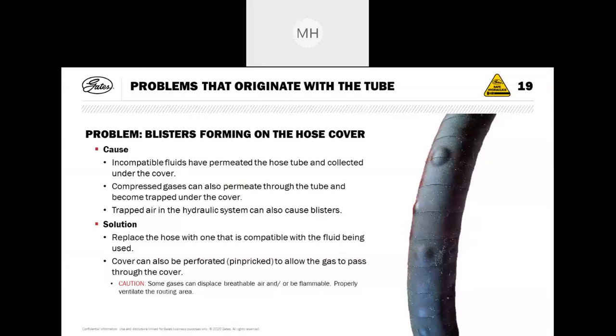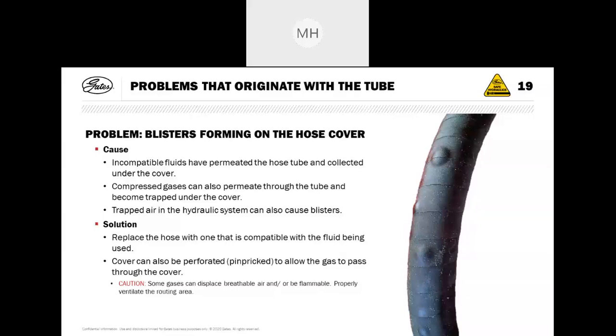So the solution to this is to replace it with a hose which is compatible with the fluid, if that's the issue. The cover can also be perforated, or pinpricked as it's commonly referred to. This allows the gas to pass through the cover and out into the atmosphere effectively. But be careful around there, as some of the gases can displace breathable air and or be flammable.